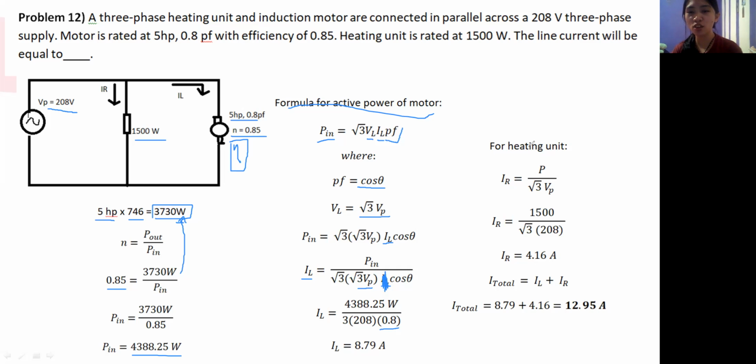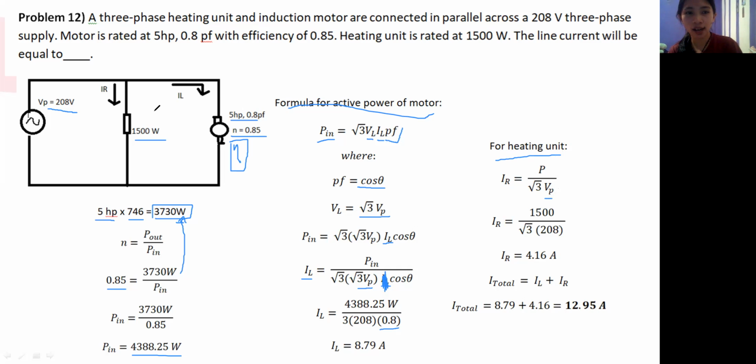So for the heating unit, the current flowing in the heating unit, IR, is just equal to P all over the square root of 3 Vp.